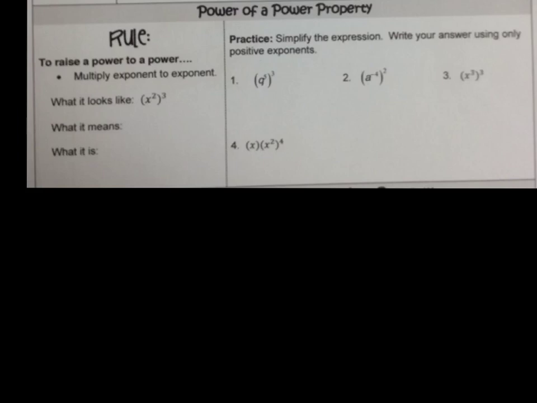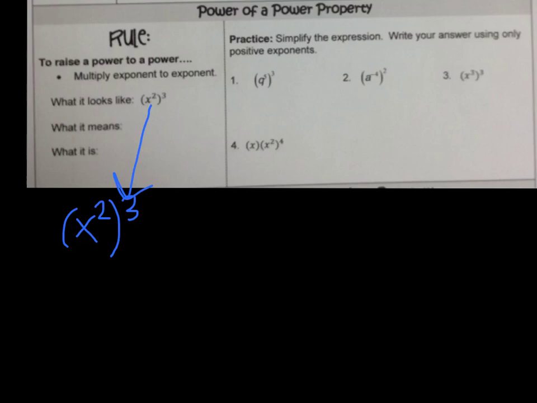Okay, and I'm going to bring this down here so we have some more room. Say we have x squared, that 2 is an exponent, but now that whole quantity is being cubed. So we have this exponent raised to another exponent. That's what a power of a power means. Okay, so how do we write that out?